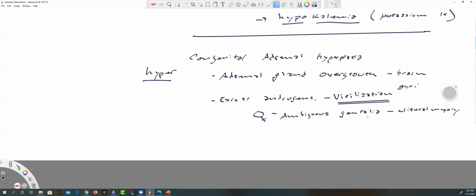So that's a possibility with females, and for males born with this, I'll give you a hint what could happen. And then also, what can I think of?